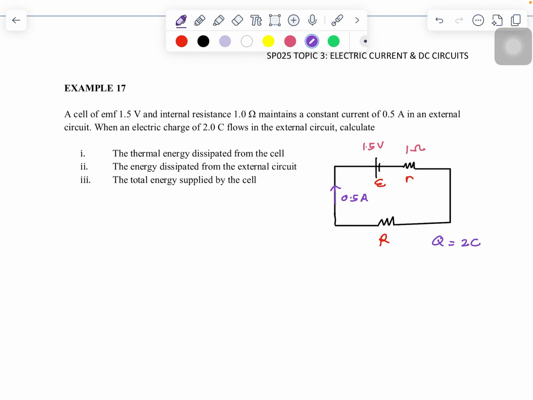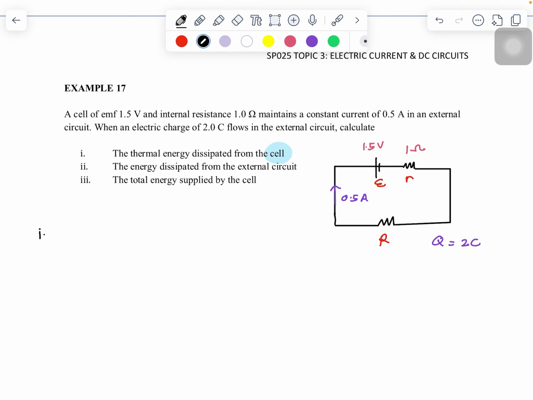Okay, so first question, we want to calculate the thermal energy dissipated from the cell. Okay, so dia mention ini specifically cell saja. So cell ni macam Miss cakap tadi, it contains the EMF dan juga the internal resistor. Maksudnya kita fokus pada ini saja.